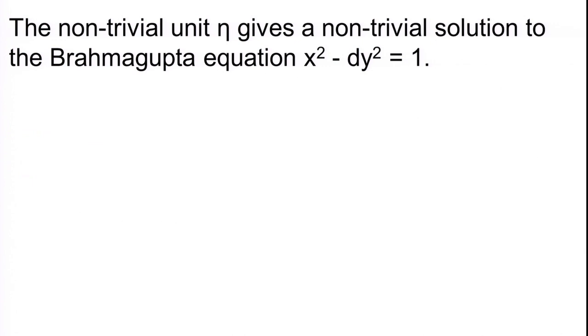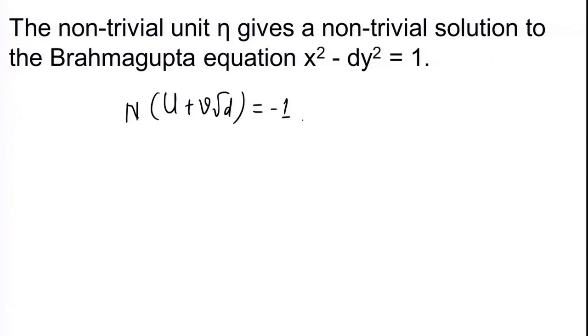A non-trivial unit eta will give you a non-trivial solution to x square minus dy square equal to 1. This is because your unit will have norm which is either plus 1 or minus 1. If your u plus v root d has norm plus 1, then you have the solution to the Brahmagupta equation.